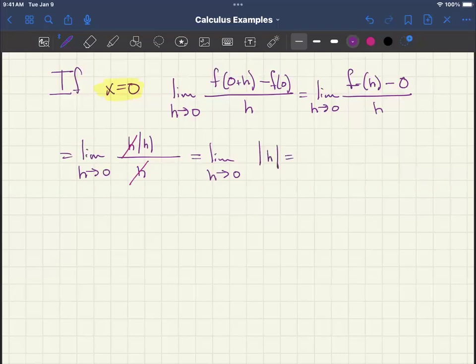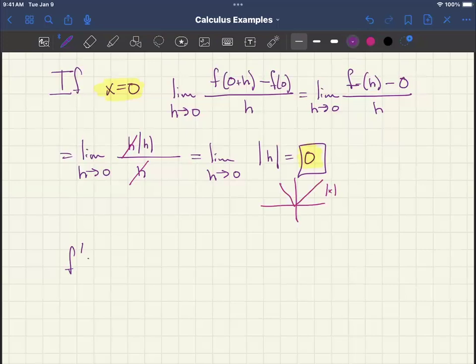And we know, in fact, you can just look at a graph of the absolute value of x, or h in this case. We see that the limit as h goes to 0 from both sides approaches 0. So our solution for part 3 is going to be 0. So that's our third case.